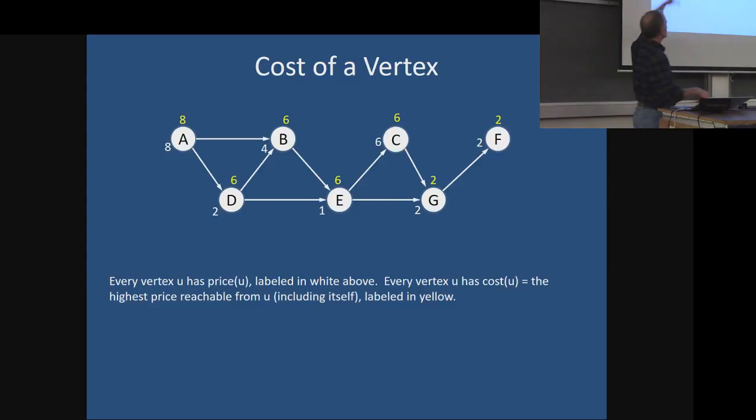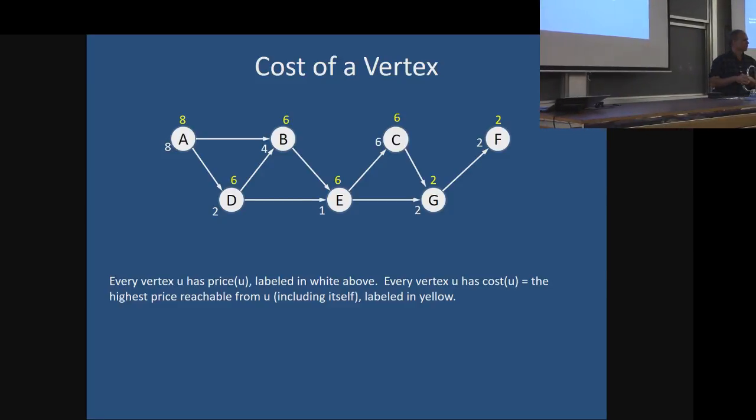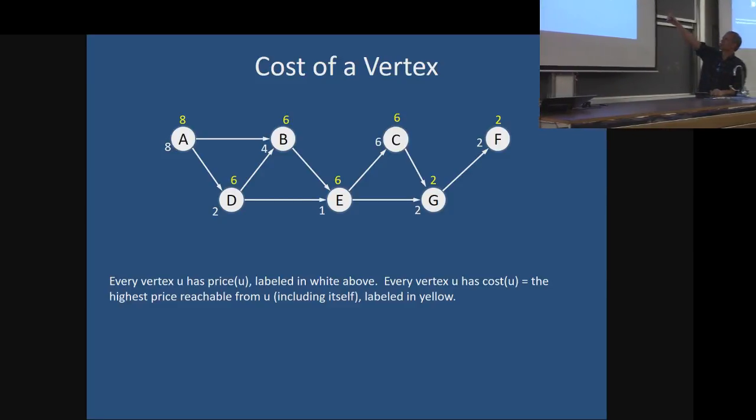Let me ask another example. Why is the cost of G 2? Because you can reach 2 from G or F. Right, so G's cost is 2 for 2 reasons.